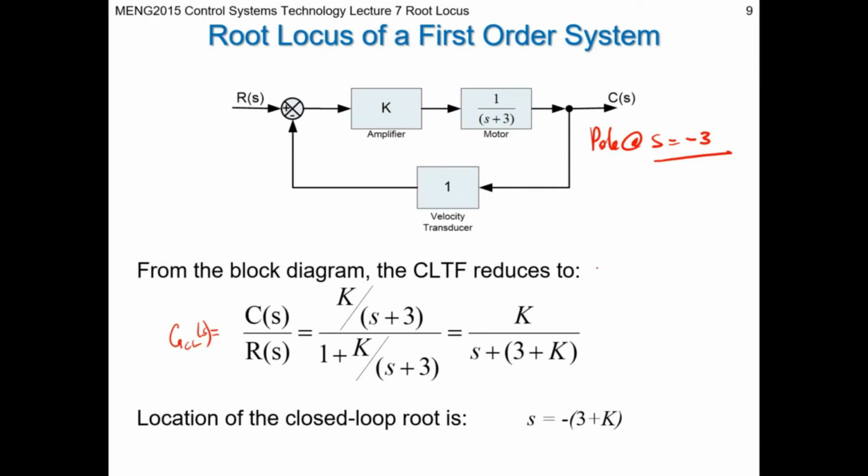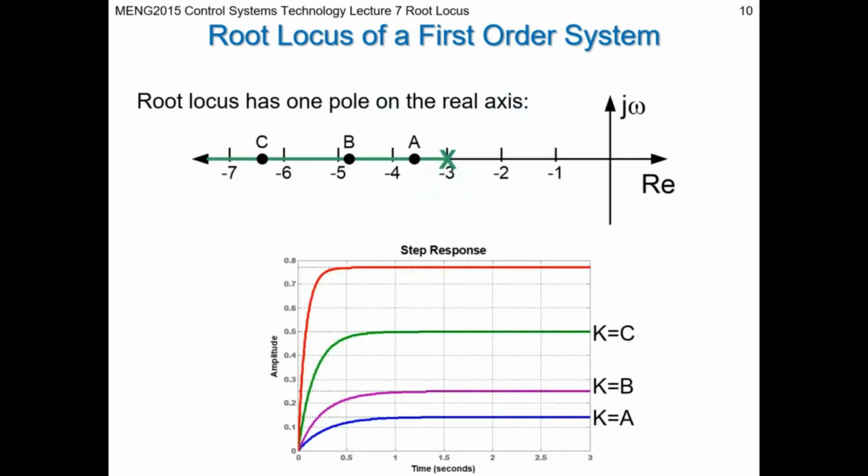And as K varies, we can see that the location of our closed loop root is going to change as K varies, right? So it's going to start off with K equals 0, at -3 at the pole. As K increases, then it's going to move away from that location. So here we go.